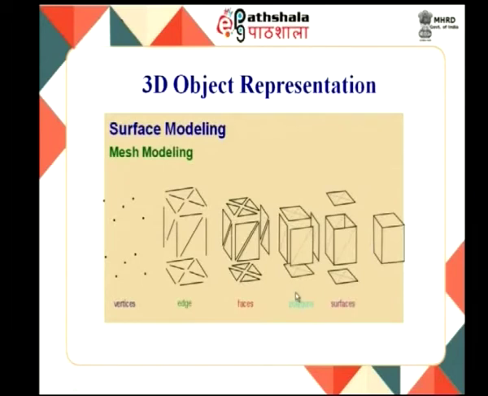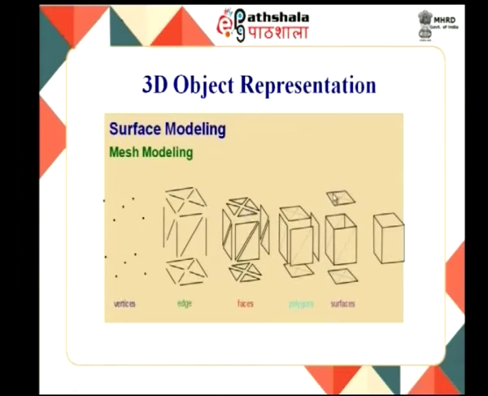We can call a face a surface also, but all surfaces are not faces, because a face is understood to be a triangle or a polygon. Here these are all closed faces, so no open faces anywhere, and these together make up one surface.